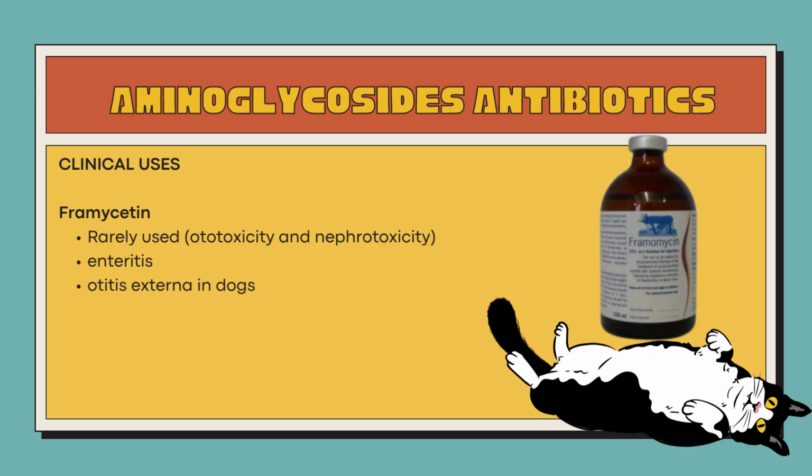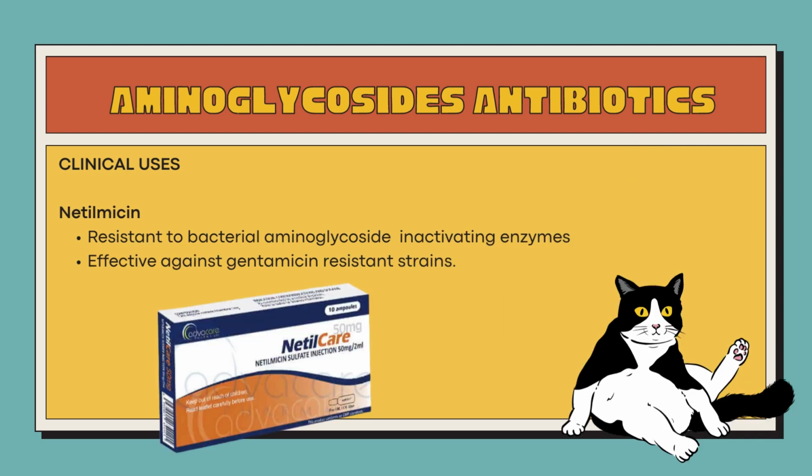It is rarely used systemically because of ototoxicity and nephrotoxicity, but is used for the treatment of enteritis and topically for otitis externa in dogs. Lastly, we have netilmicin. It is resistant to the bacterial aminoglycoside-inactivating enzyme and thus effective against gentamicin-resistant strains.